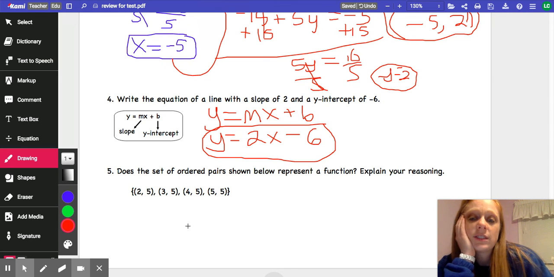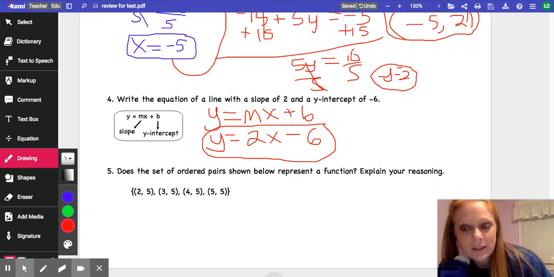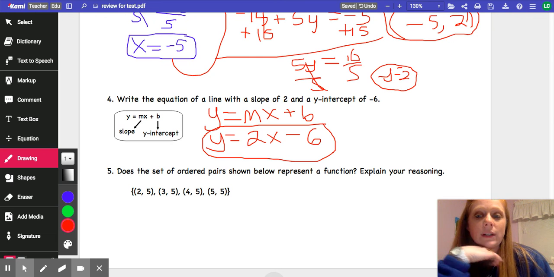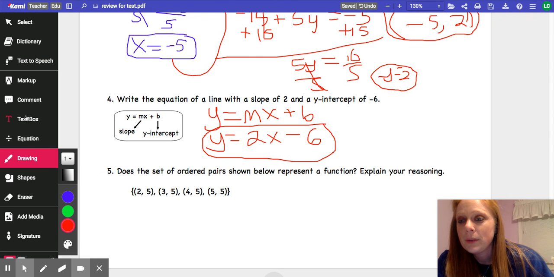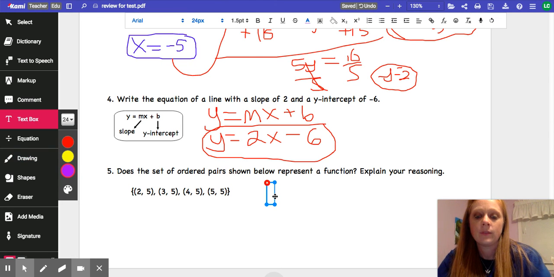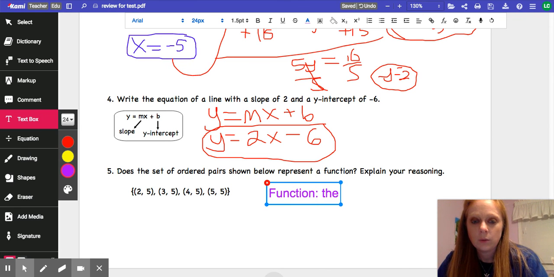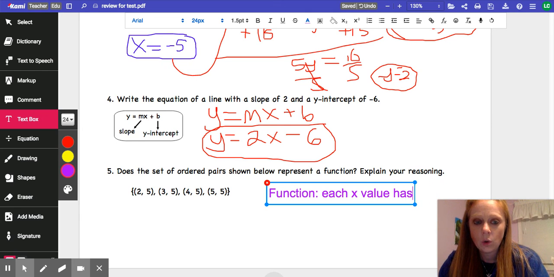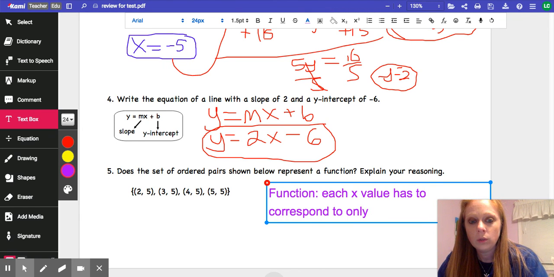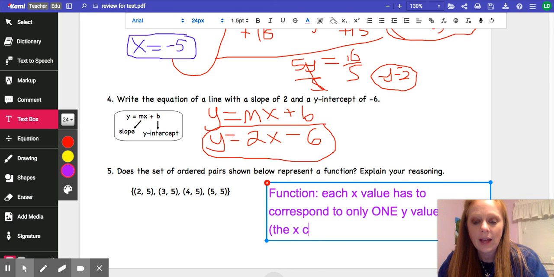And lastly, does the set of ordered pairs shown below represent a function? Explain your reasoning. So in order to be a function, each x value has to correspond to only one y value. And in other words, the x values cannot repeat.